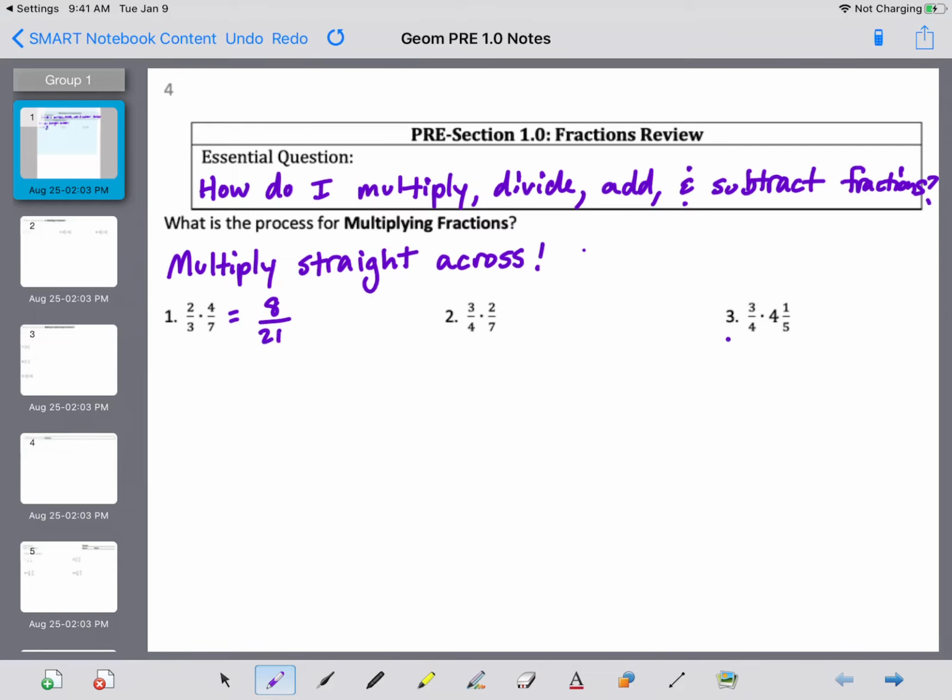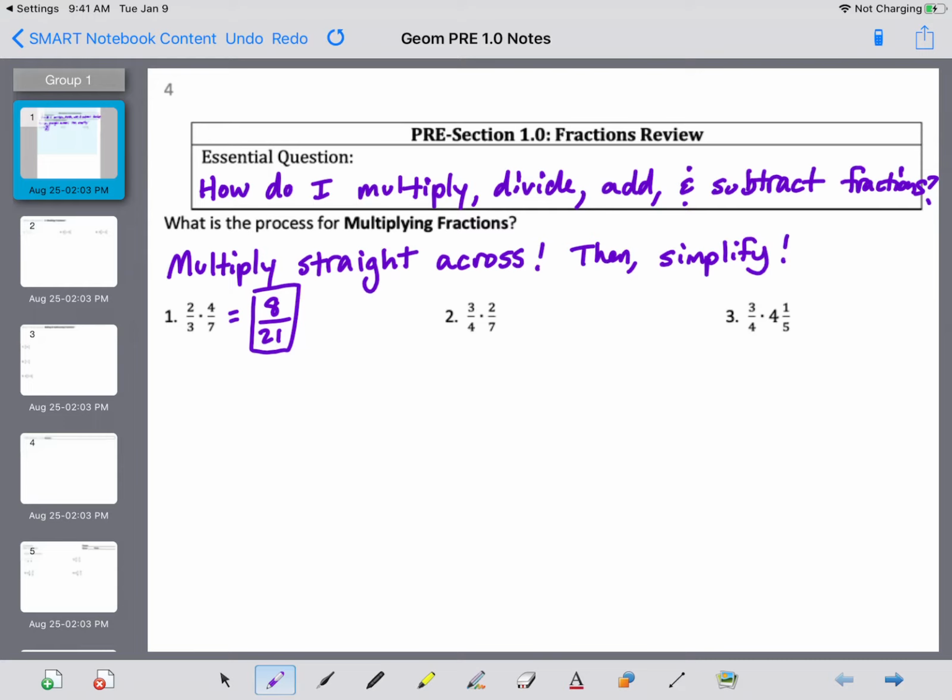And then you always want to make sure, if you can, you simplify. If both the numerator and the denominator are divisible by the same thing, you should divide that factor out. But 8 and 21 don't have any common factors, so we are going to leave that as 8 over 21.